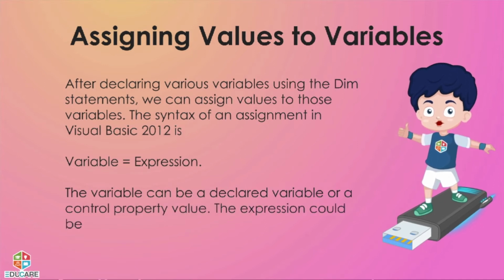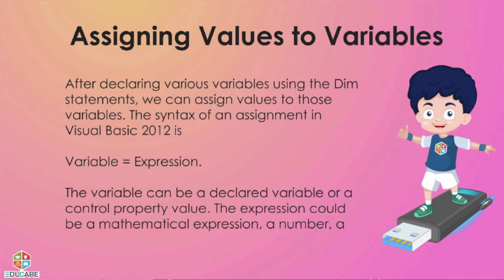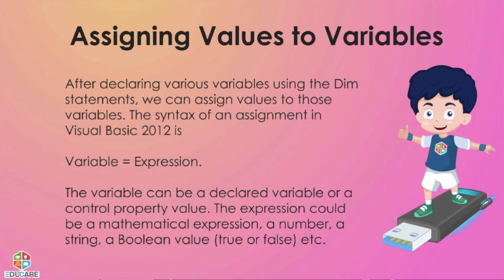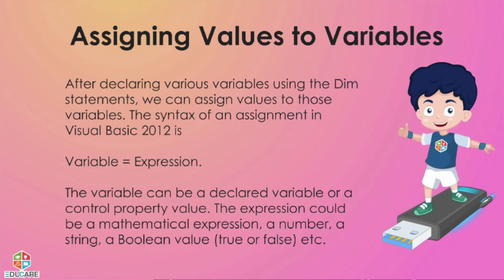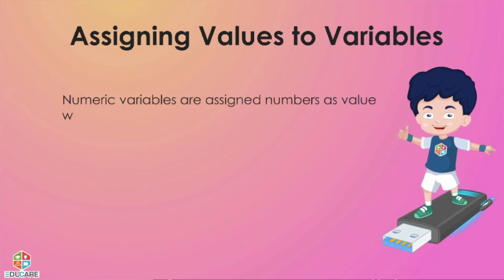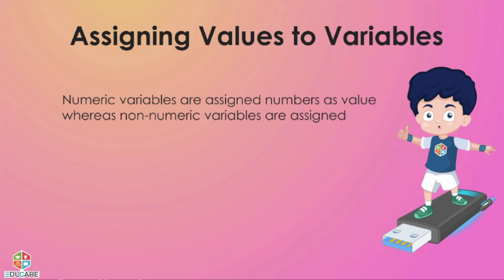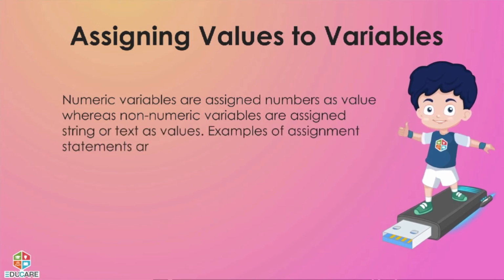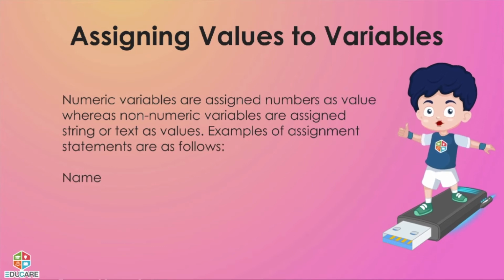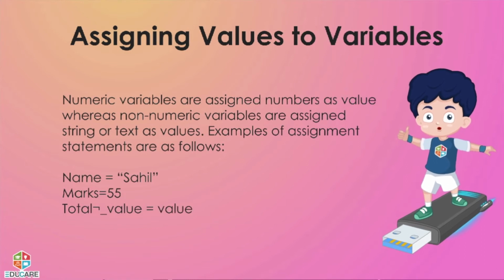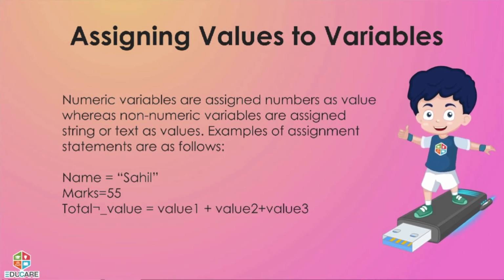The expression could be a mathematical expression, a number, a string, a Boolean value, True or False, etc. Numeric variables are assigned numbers as values, whereas non-numeric variables are assigned strings or text as values. Examples of assignment statements are as follows: name = Sahil, marks = 55, total = value1 + value2 + value3.